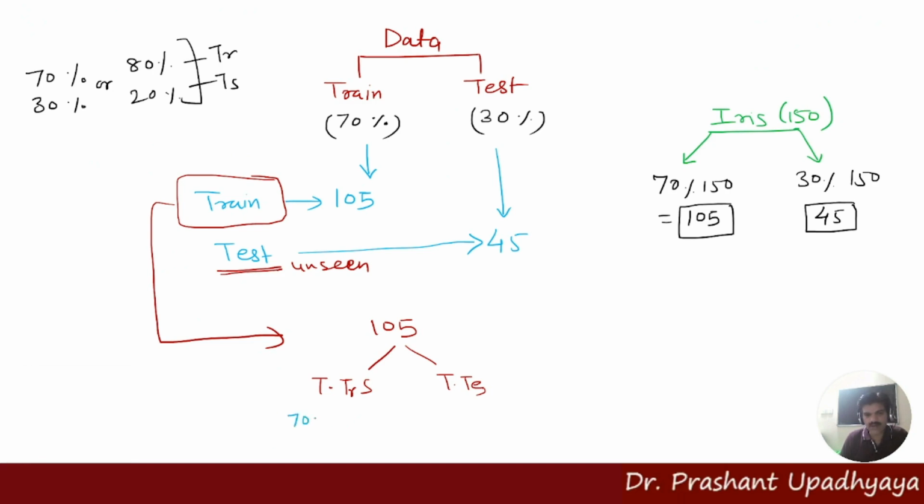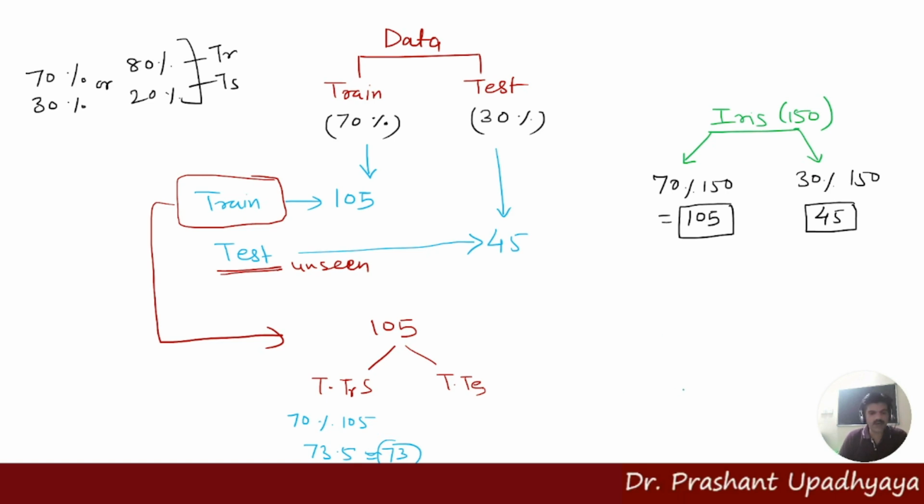If you calculate 70% of 105, it is going to come to 73.5. We cannot divide the data at 0.5, so we take 73 as my transform train set.